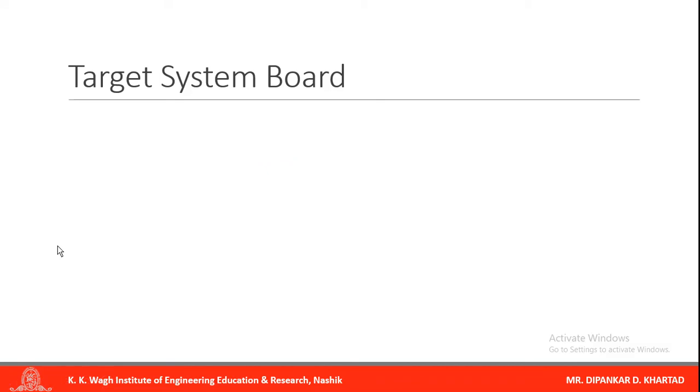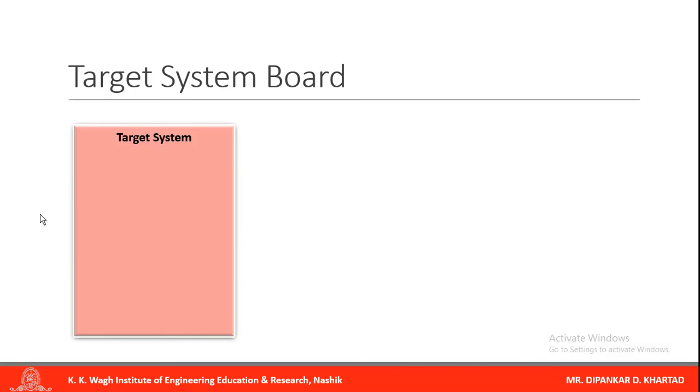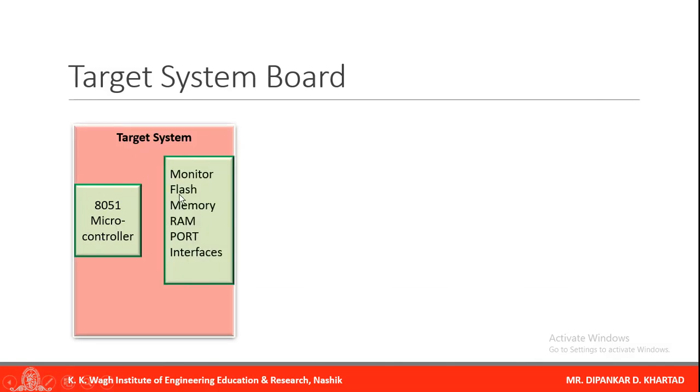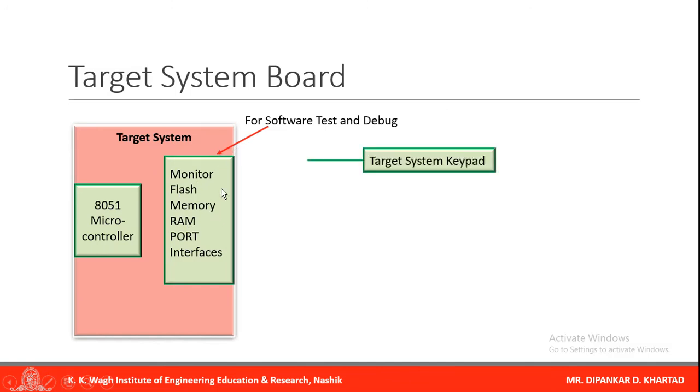So we will see now the target system board, how it will look. There will be one target system, just for example 8051. It will have one simple microcontroller, and it will have monitor, flash, memory, RAM, port interfaces. The monitor is for software test and debug.